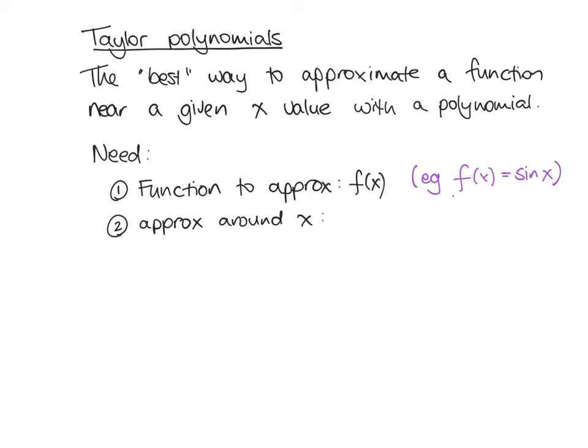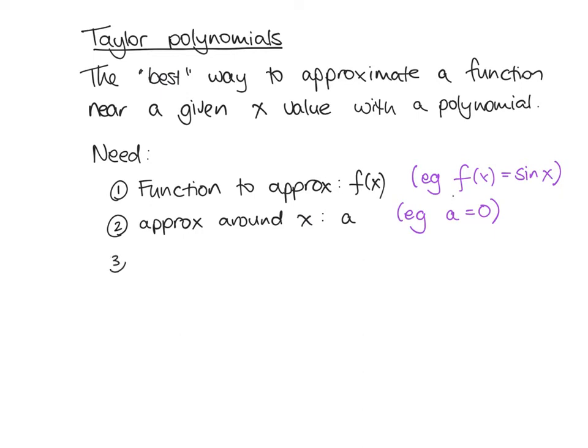And we're going to call this particular value a. So although we didn't say anything explicitly in our previous examples, we were using a equals 0. So we were looking at approximations of sine of x for values near x equals 0.